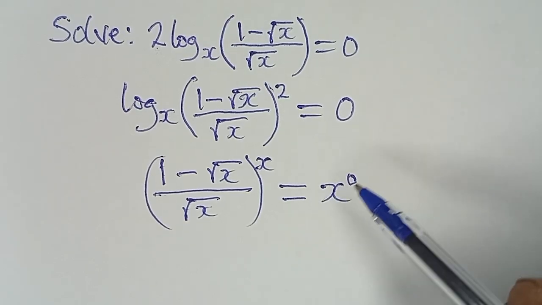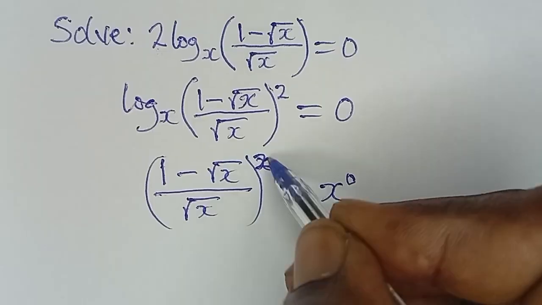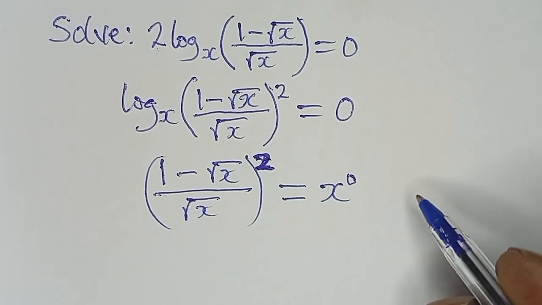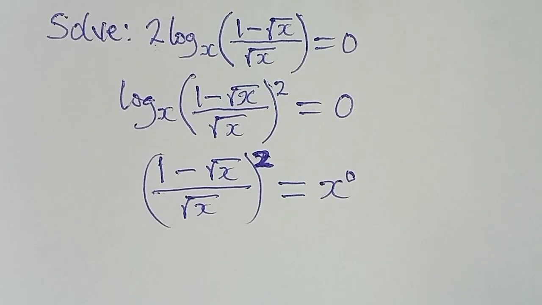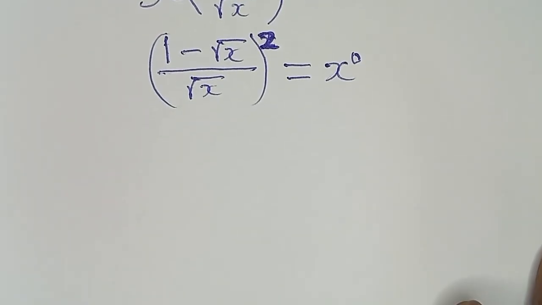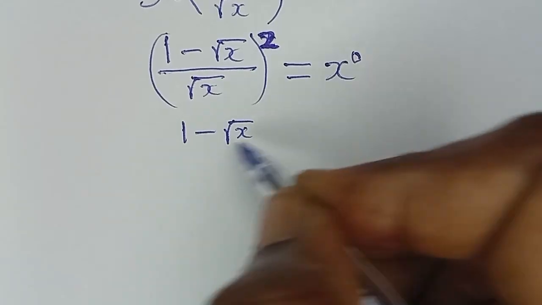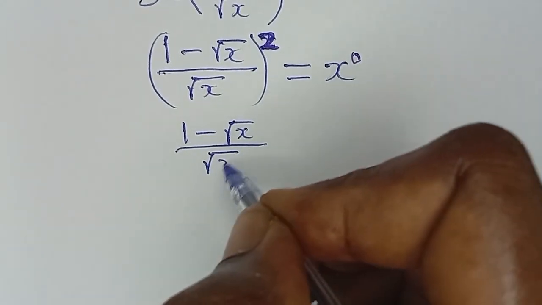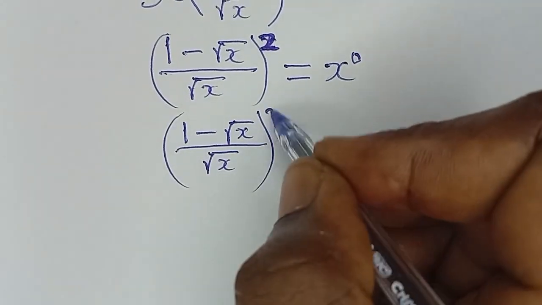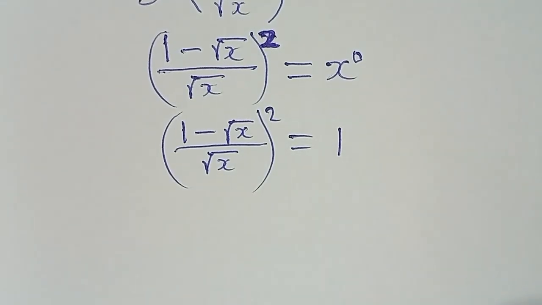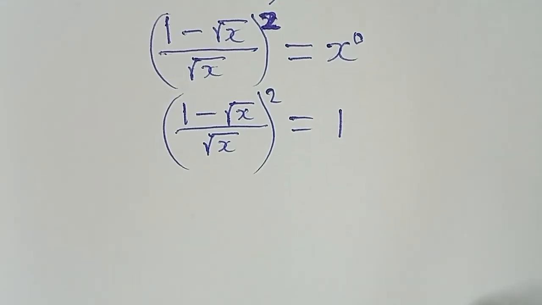Don't forget this is all squared here. So with that, we can simply say the value of this, 1 minus root x all over the root of x, all squared, is equal to x raised to power 0, which is 1. Any number raised to power 0 is equal to 1.